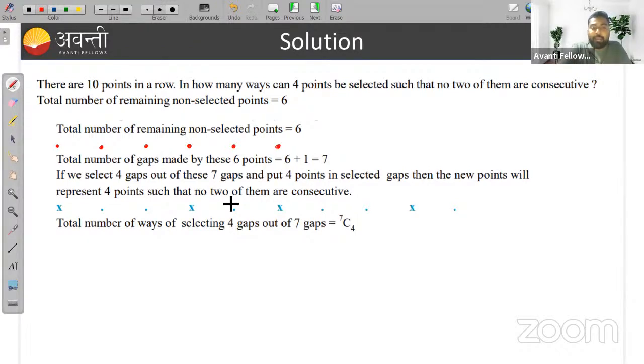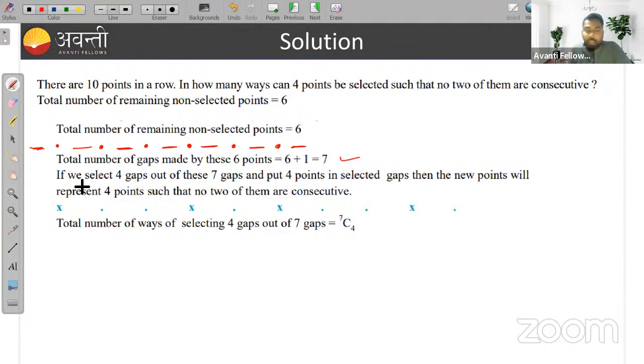In between these 6 non-selected points, how many spaces do we have? 1, 2, 3, 4, 5, 6, 7. So the total number of gaps made by these 6 points is 7.